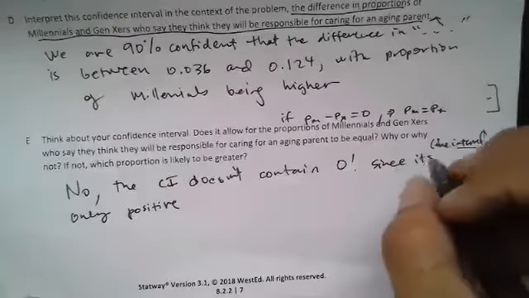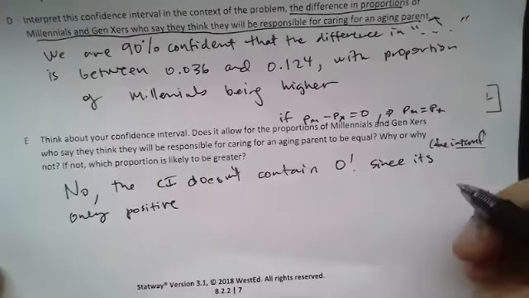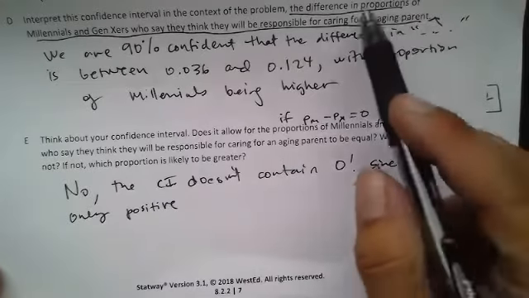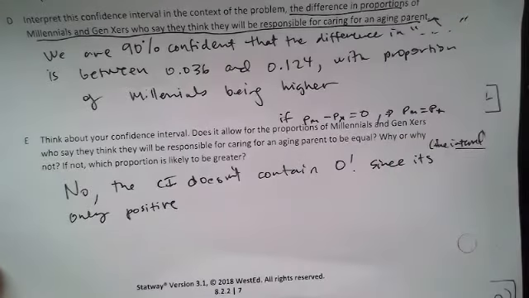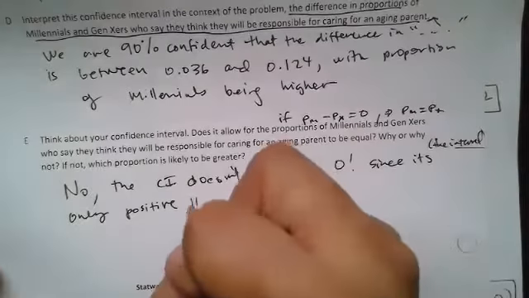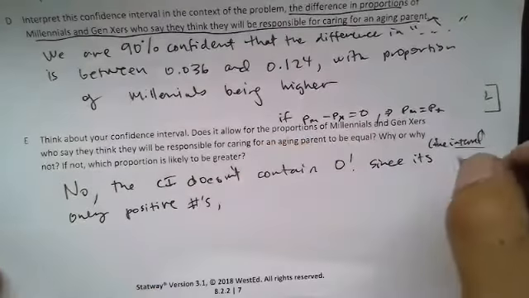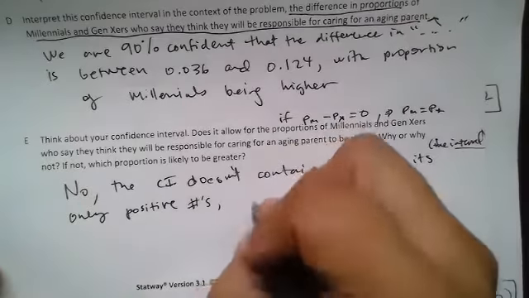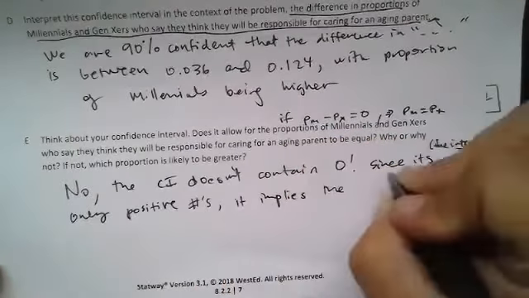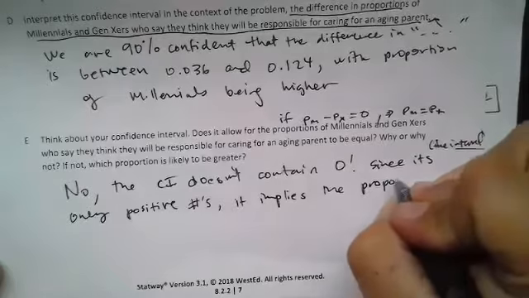Exactly, because it's non-zero. It doesn't contain the value 0 in that interval. The interval goes from positive number to positive number. It doesn't go from negative to positive. Right. So since it only contains positive numbers, it implies the proportion of millennials is greater.